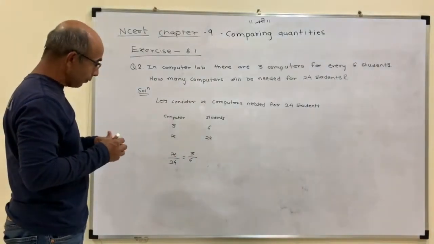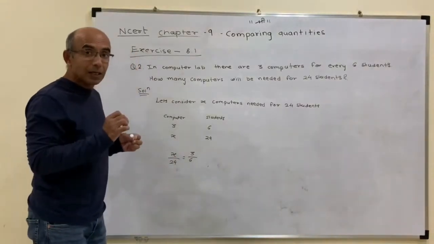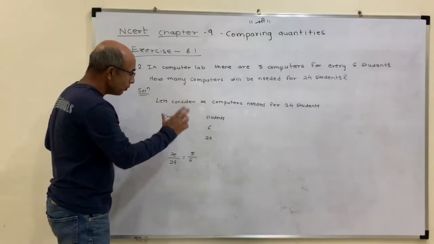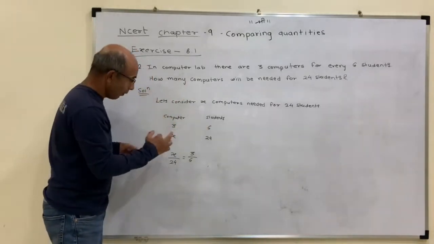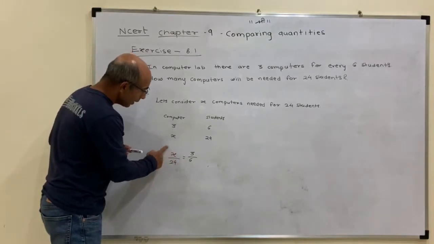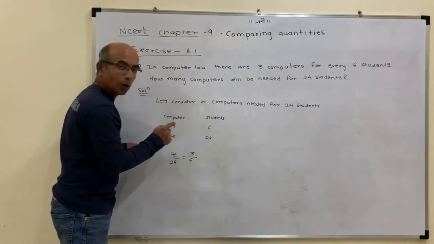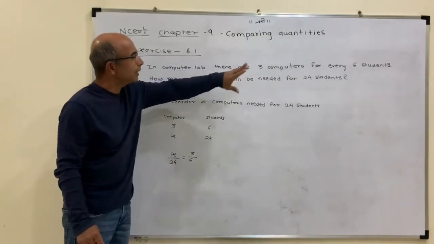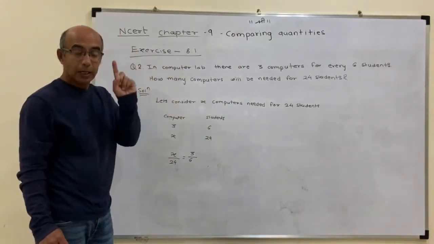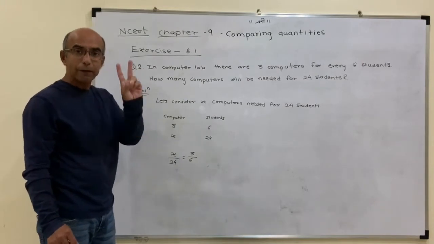You need to understand why I am taking the equal sign: I need to maintain this ratio. Initially they said 3 computers for 6 students. That means on each computer there will be 2 students.